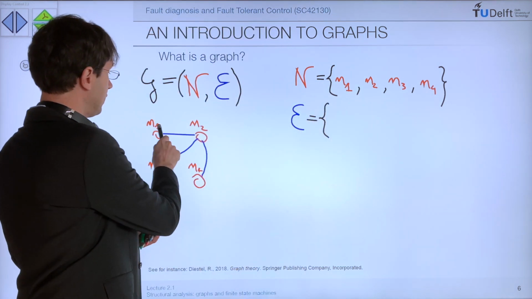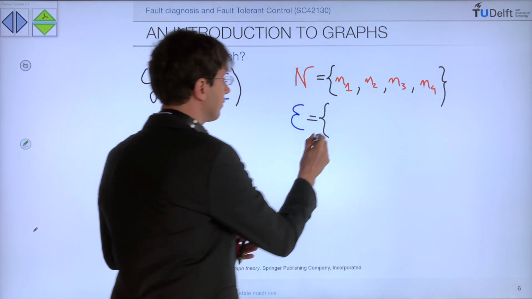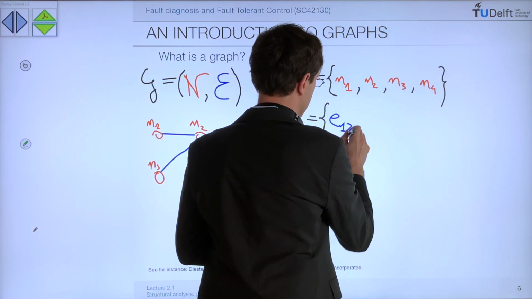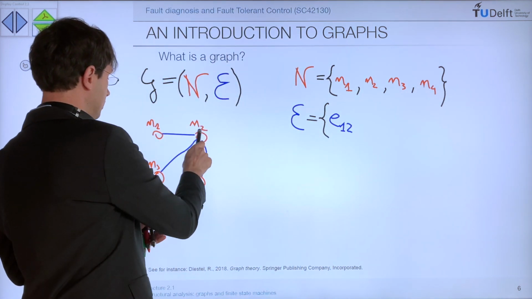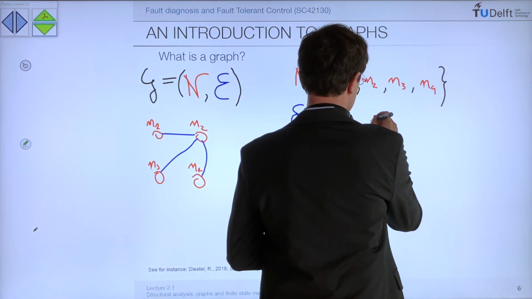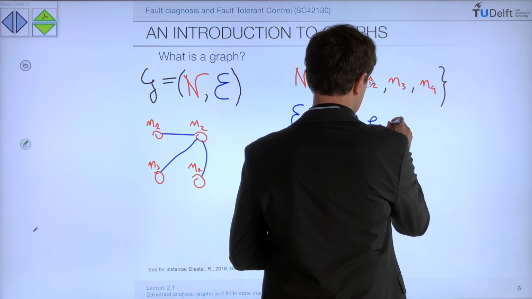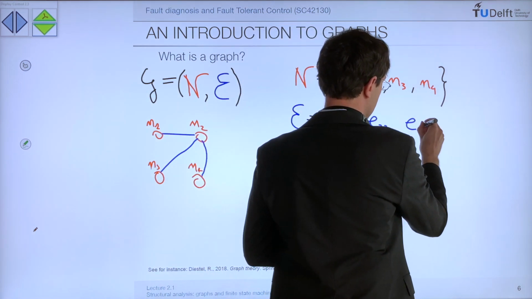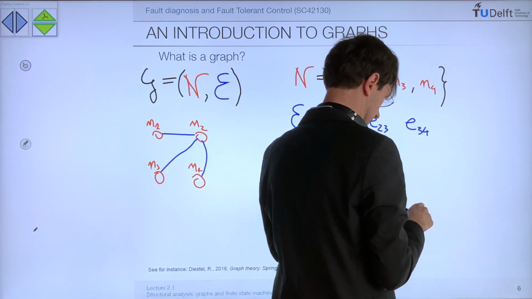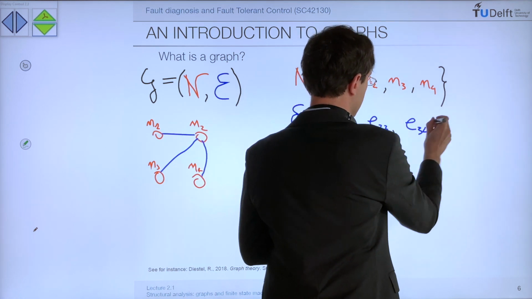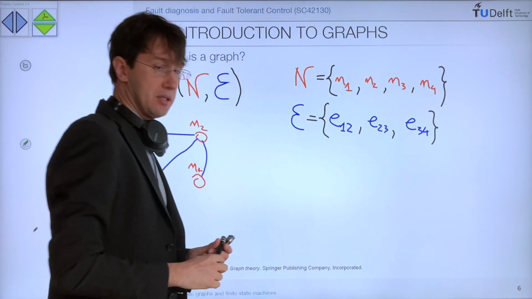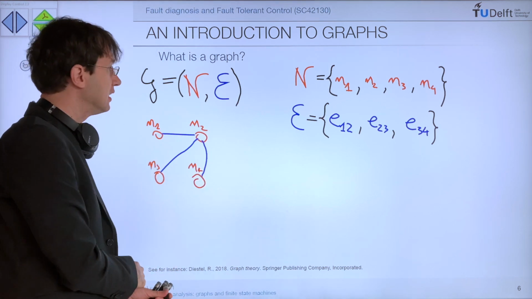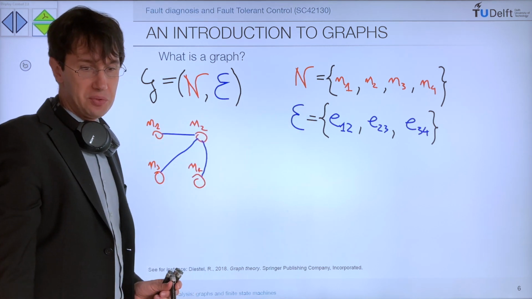One first edge between N1 and N2, which is called E1,2. Then an edge between N2 and N3, and finally an edge between 2 and 4. So while this was the intuitive graphical way of representing that, this is the formal way, defining these two sets.